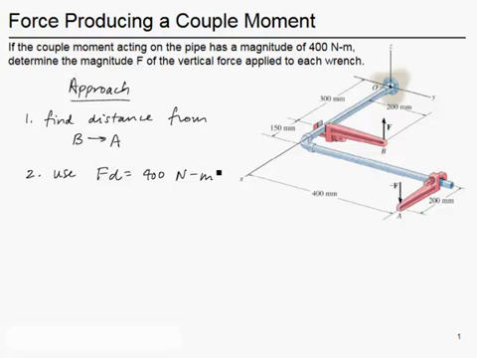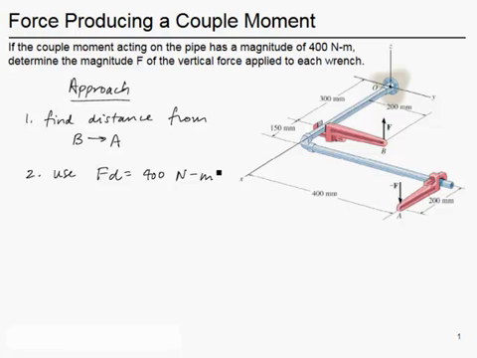Now, before we do any math, let me take an aside to describe why this is an important thing to do. We know that for couple moments, the key quantity is the distance between the points of application of the two forces.